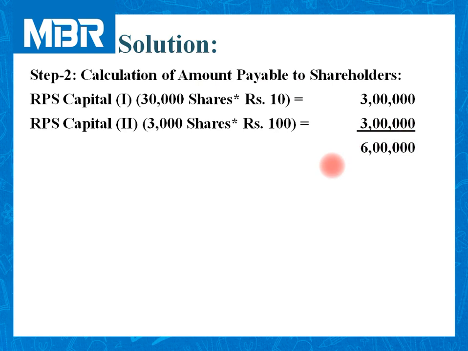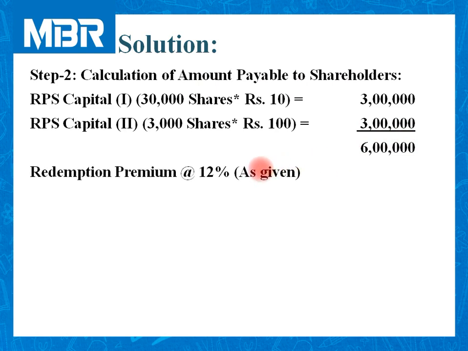As per information given, we need to pay our preference holders at 12% redemption premium. So on these 6 lakhs rupees, we have to pay 12% redemption premium. So 6 lakhs multiplied by 12% equals 72,000.